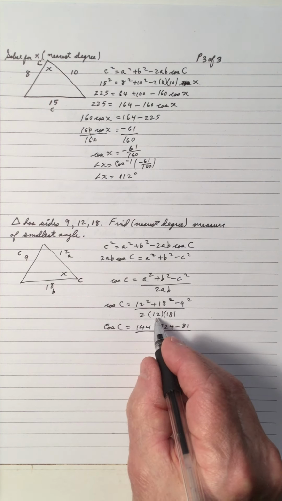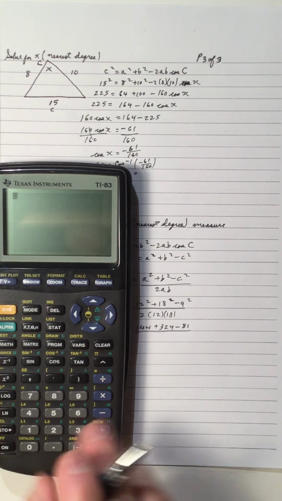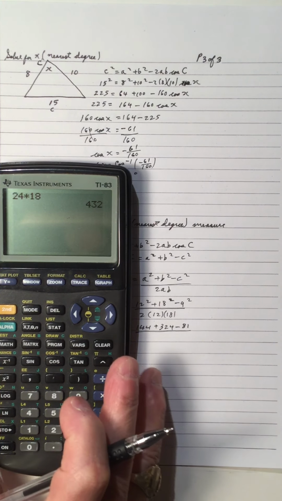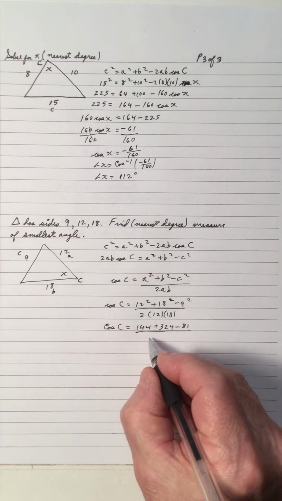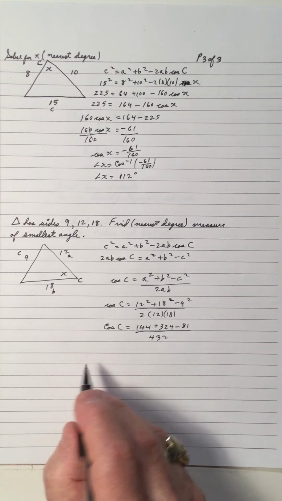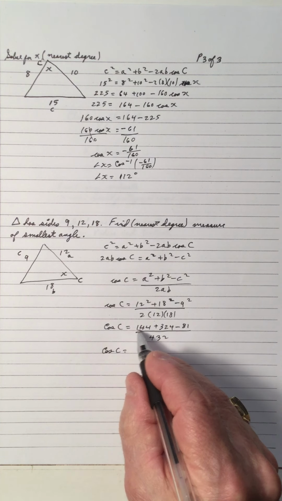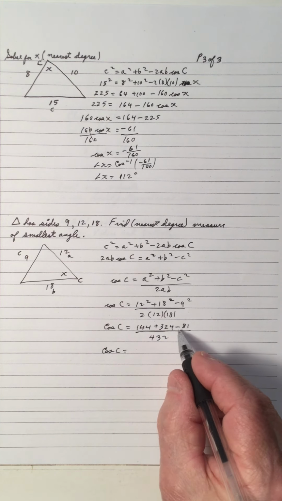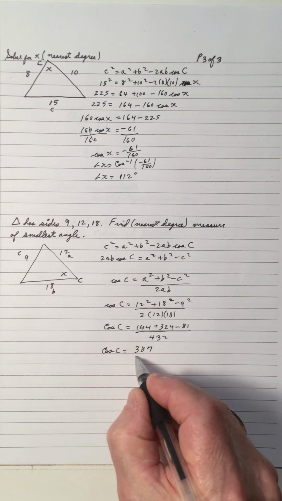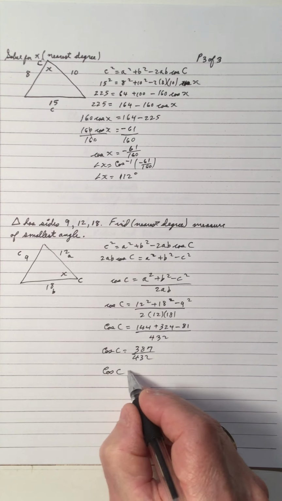And 2 times 12 is 24. 24 times 18, so let's clear that. 24 times 18, I get 432. And so, simplify the top, 144, add on 324, subtract 81, becomes 387 over 432. So cos C.